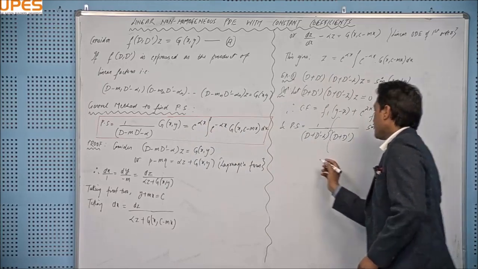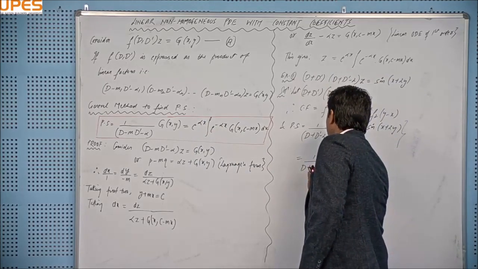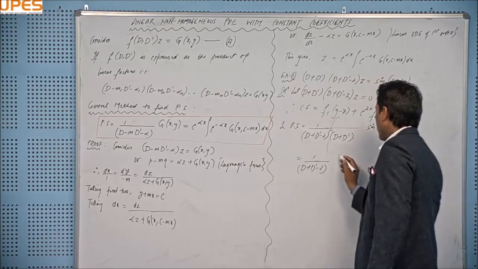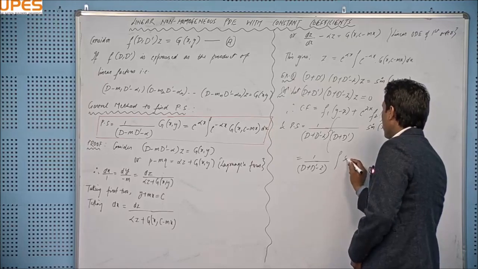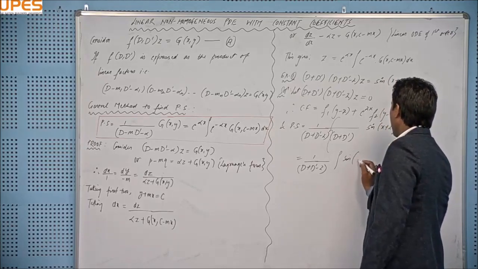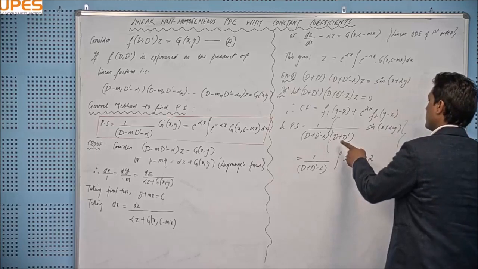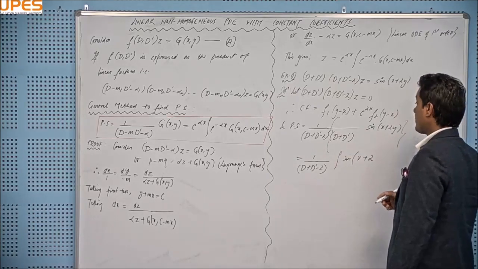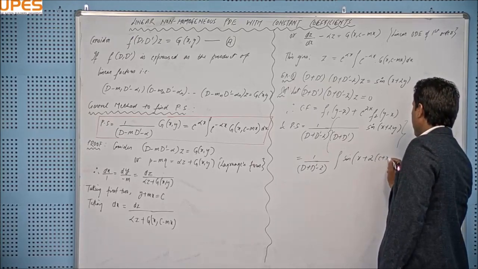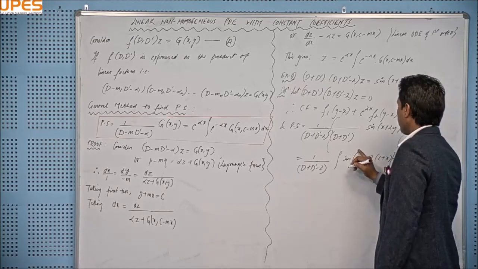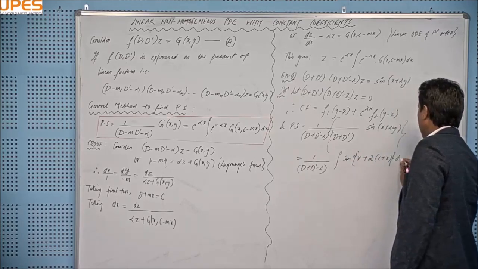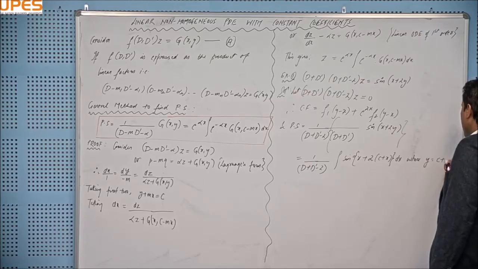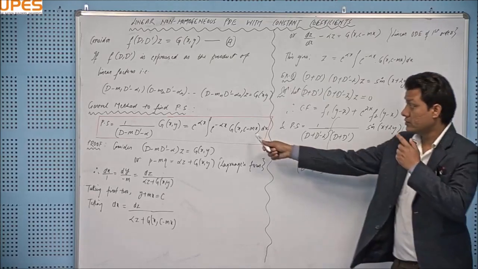The formula will give me 1 over D + D' - 2, and that will be e to the power 0x, which is 1, and e to the power minus 0 is 1, and then sin of x plus 2 times y, which is c plus x, dx, where I have substituted y equal to c plus x according to this rule, right?